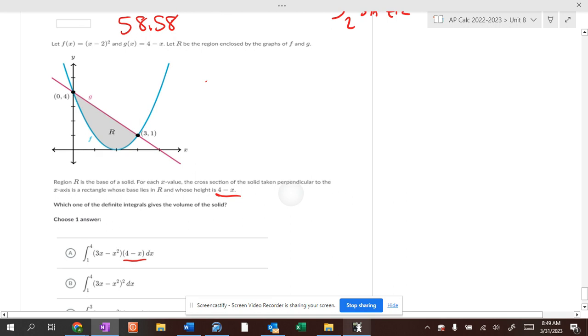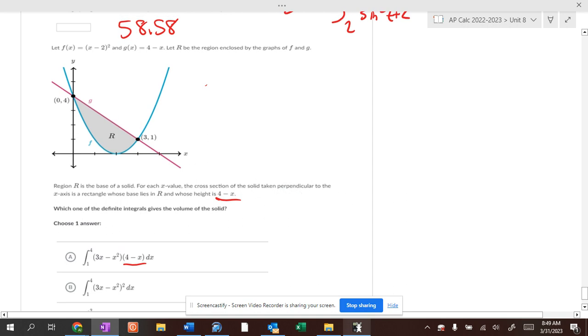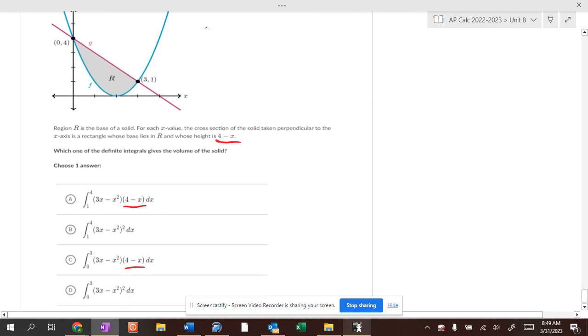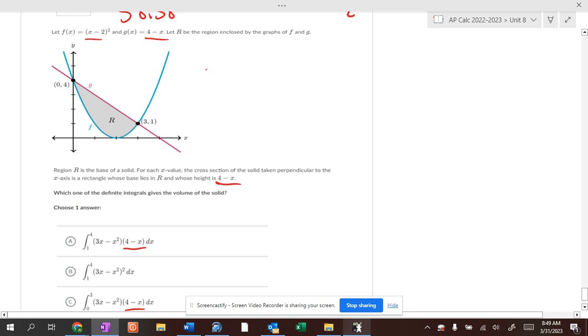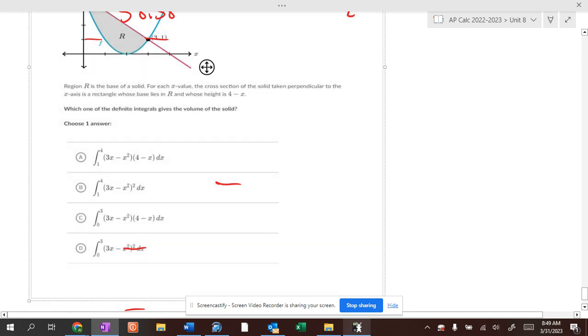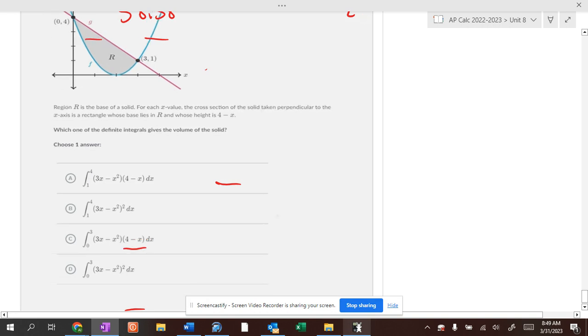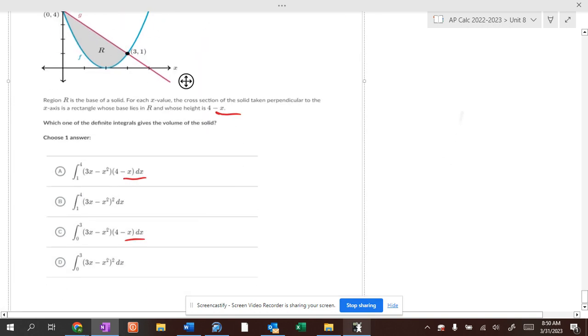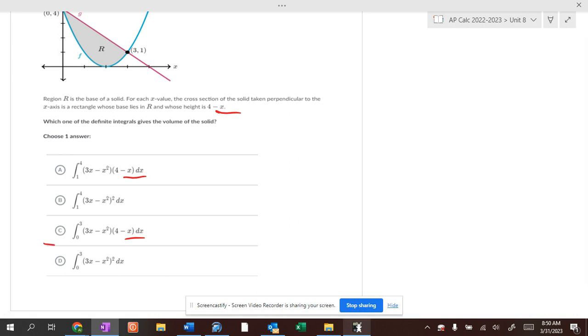Top is this, bottom is this, which is 3 minus x squared because it's the same for each. And if it's perpendicular to the x-axis, you start at 0 and you go to 3. So it's 0 to 3 of that.